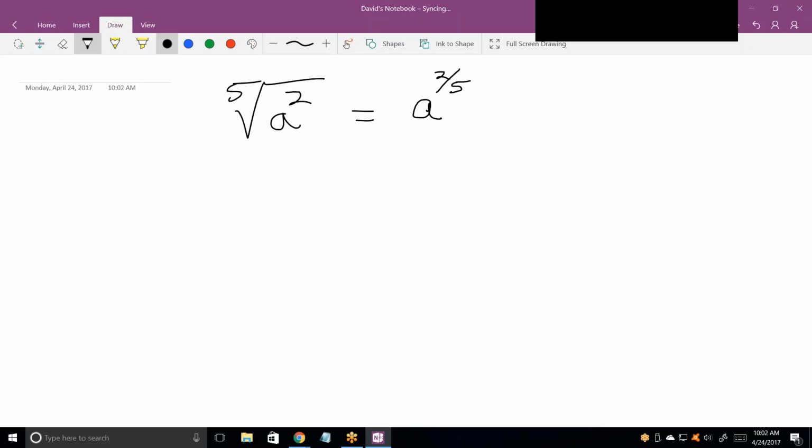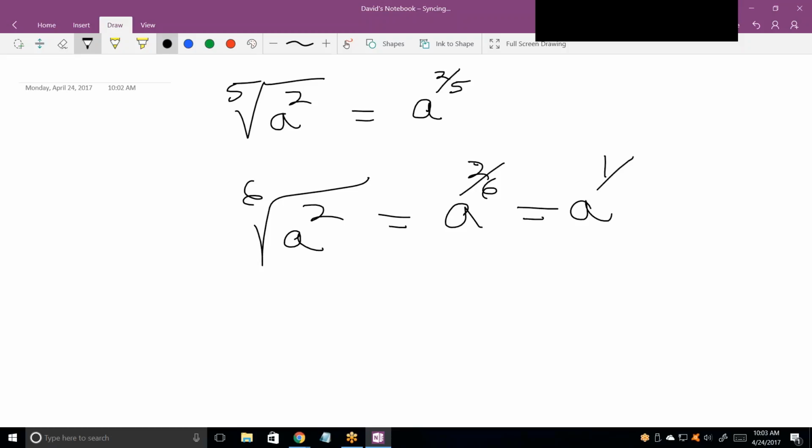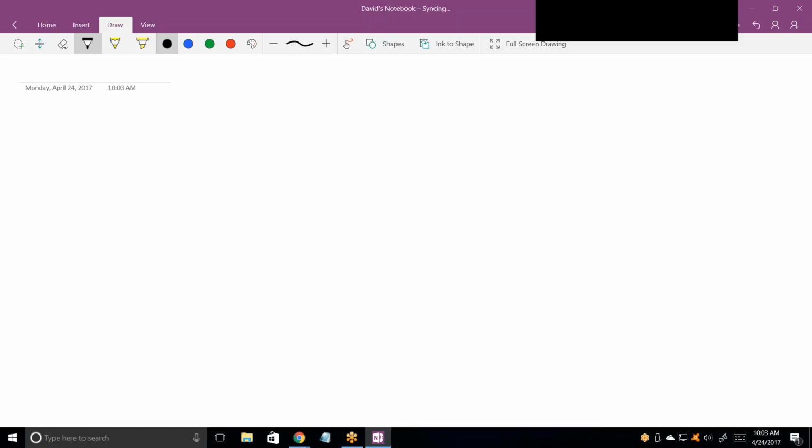If I had the sixth root of a squared, it would be a to the 2/6, which reduces to a to the 1/3. In higher math, exponents work a lot better than radical signs do, especially with calculus. So much of calculus starts with the exponent, so if you have radical signs, your first step is to convert them all to exponents before you proceed.